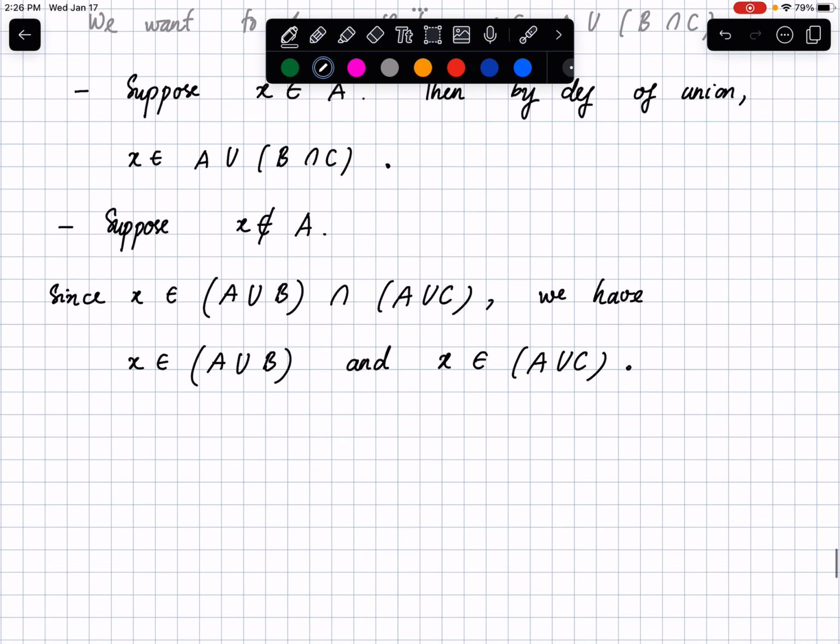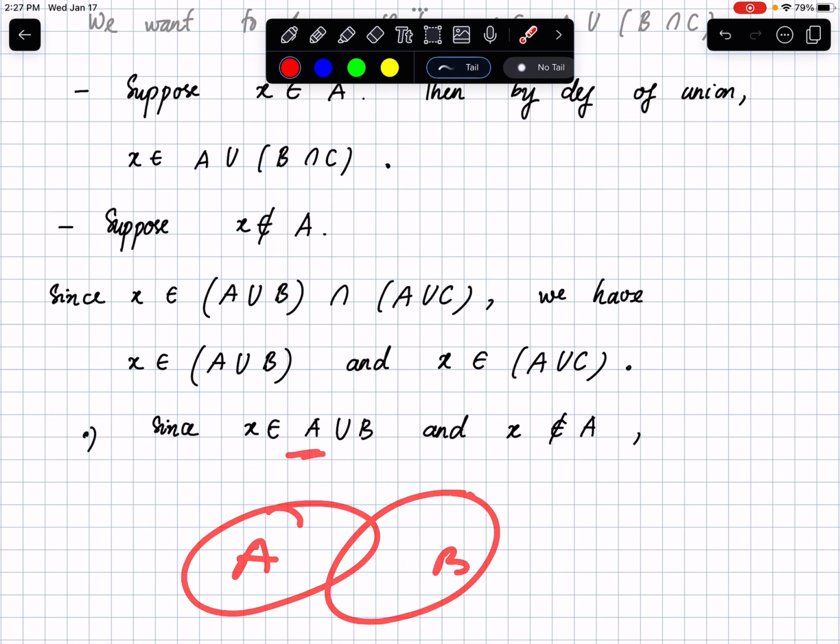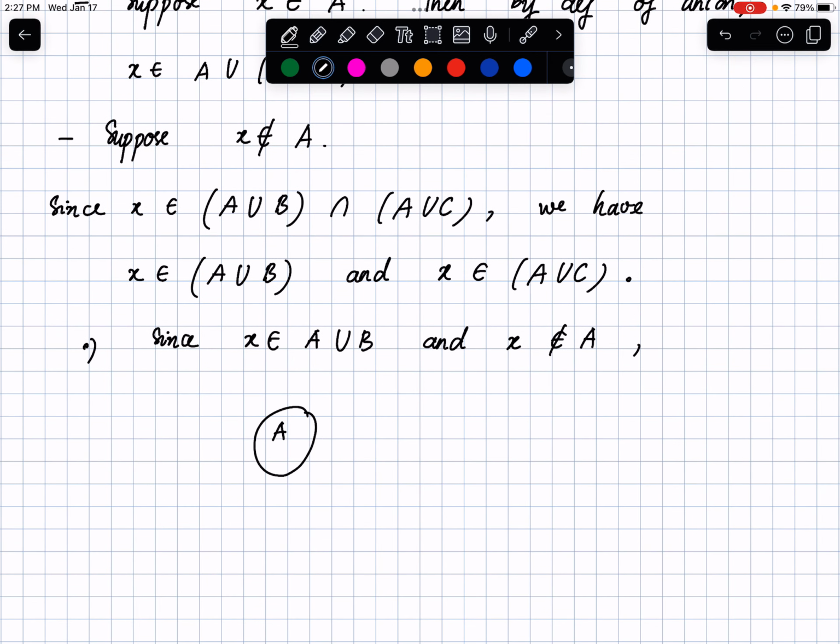Okay, so now we have that. For the first things, since X is in A union B, and we are in the big case that X is not an element of A. Therefore, by definition of the union, A union B, X not in A, so X is not there, but X in A union B is the whole thing here, right?